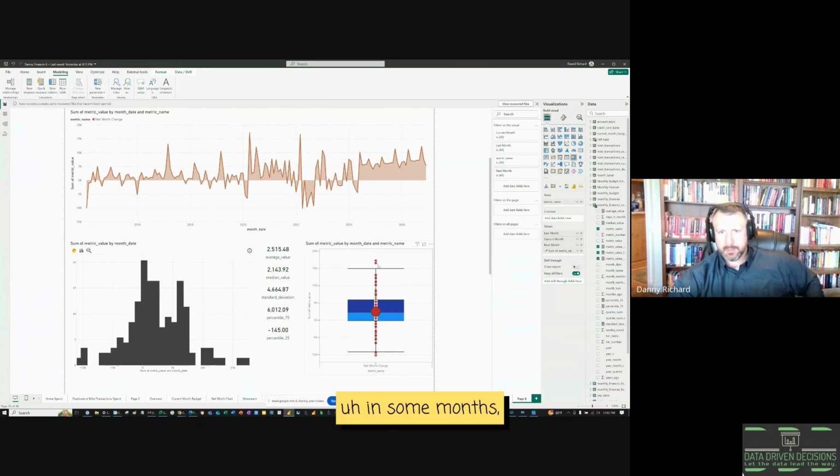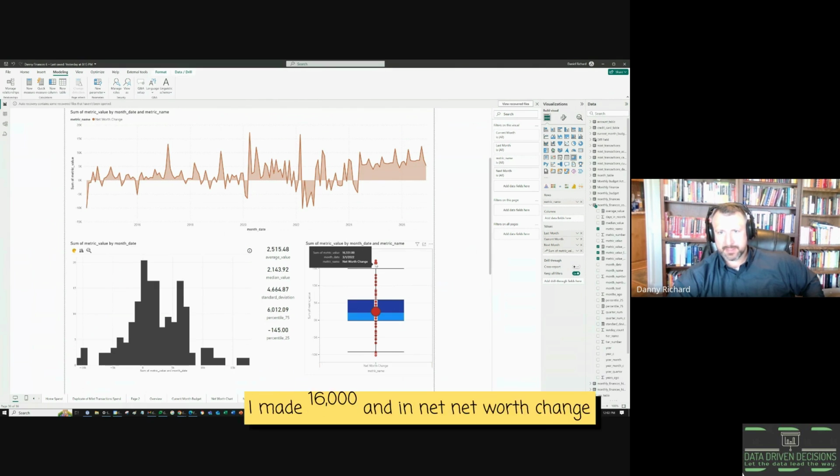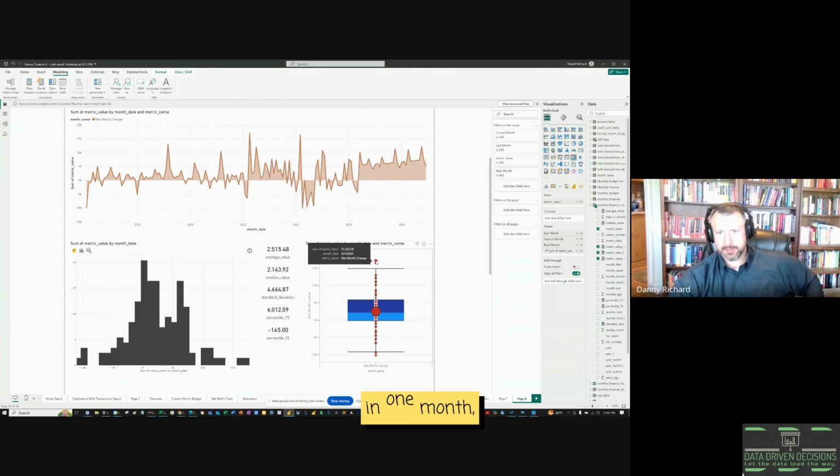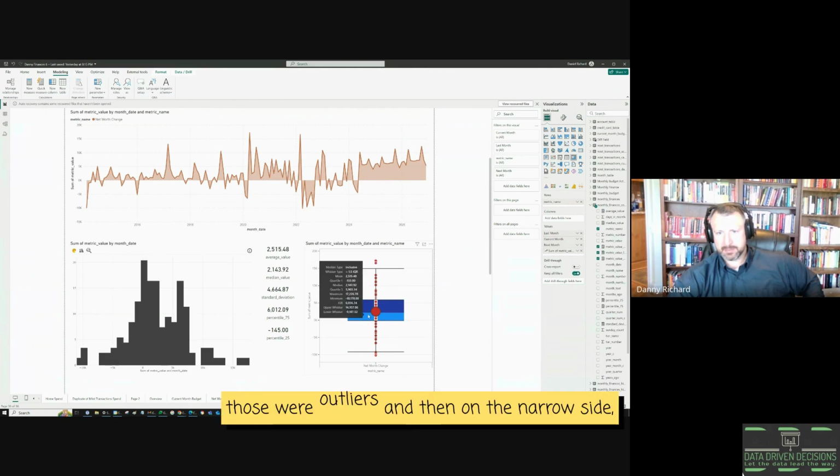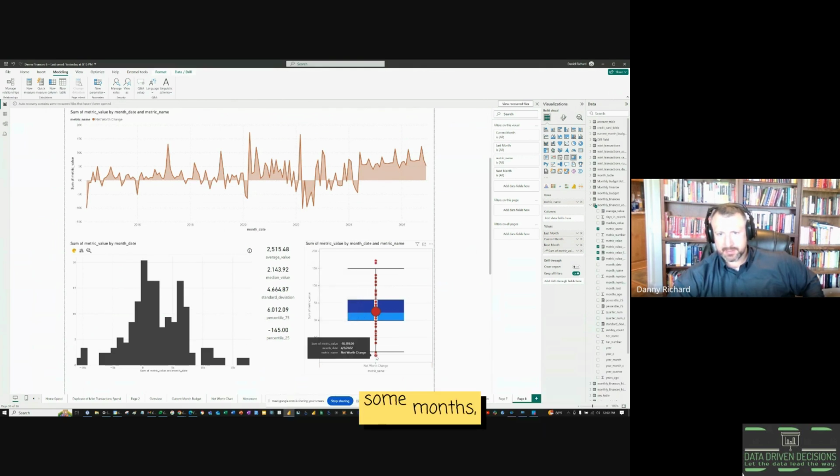So in some months, one month I made 16,000 in net worth change, and one month 17. Those were outliers. And then on the narrow side, some months I lost 10,000, 9,000. Those are outliers in themselves. The mean is 2,515. So most months, that's how much I'm making.